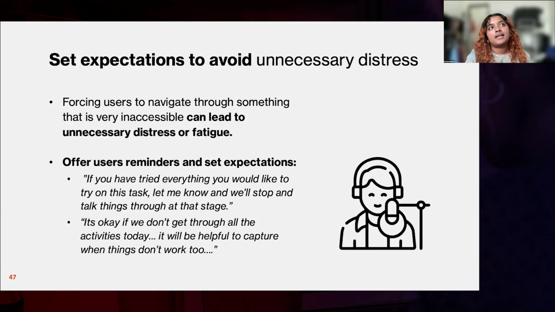Some of the ways to do that is to set up expectations to avoid their unnecessary distress. That's things like not forcing users to navigate through something that is very inaccessible, because that can lead to fatigue, it can lead to stress, but it also isn't actually valuable in you learning more about what will make it a more accessible experience from their end.